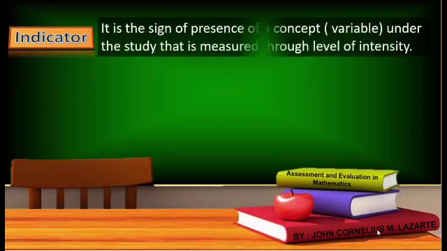Next, we have here the indicator. It is the sign of presence of the concept or variable under study that is measured through level of intensity. For example, if a teacher wishes to study the effects of the factors that affect the enthusiasm for learning of the students, we can measure the level of enthusiasm for learning of the students through the indicator, which is measured through level of intensity.